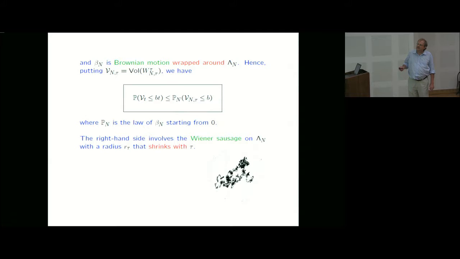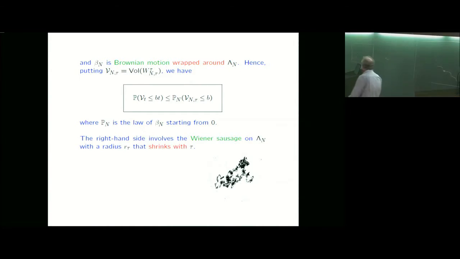And now you see that there is no t here anymore. Now everything is in terms of a Wiener sausage living on a finite box with a different time parameter, tau, and I want the volume of this to be below a fixed number that is no longer growing with t, because everything is living now on a finite box. So here I want the volume to be less than or equal to b.